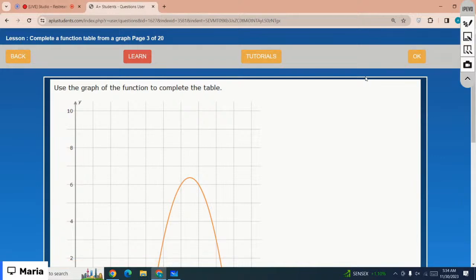Use the graph of the function to complete the table.